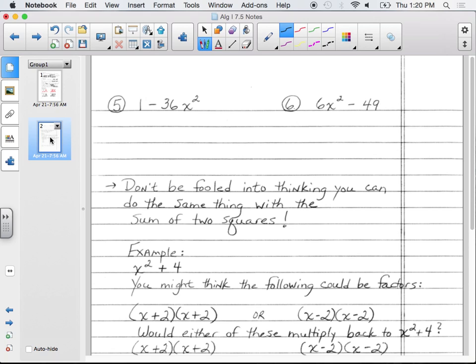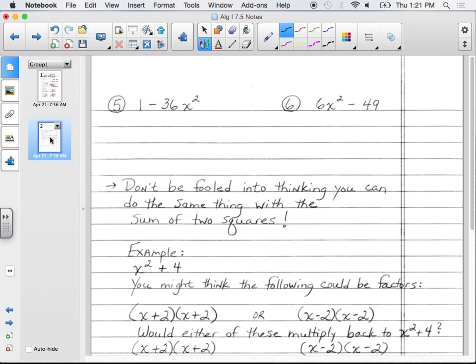Because they give 36, do they do like negative 6 is 6? Could be. What's the square root of 36? Square root of 36 is 6. Right. Square root of x squared? X. So it's just 6x.